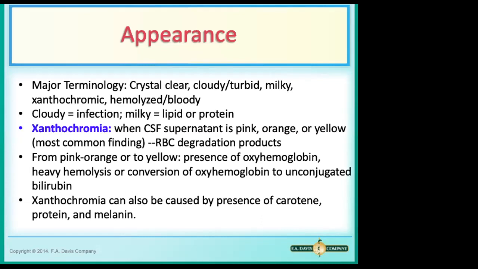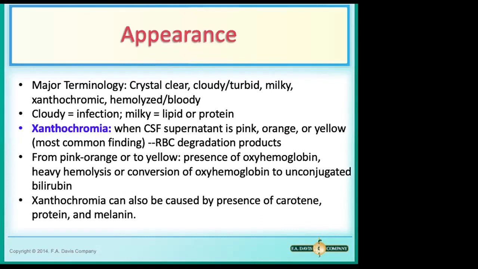Okay, so xanthochromia means that the supernatant, when you spin it down, is pink, orange, or yellow. And that means that there has been some sort of red cell degradation products present. So there's been some degradation of red blood cells.